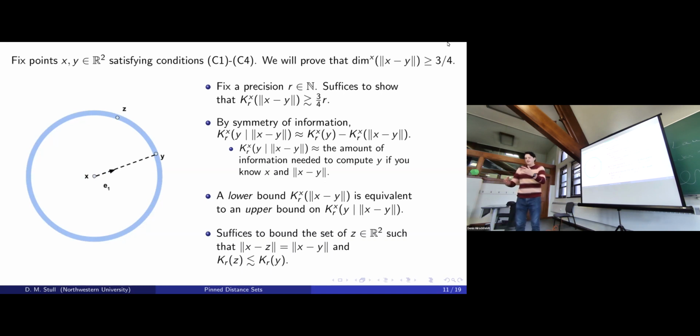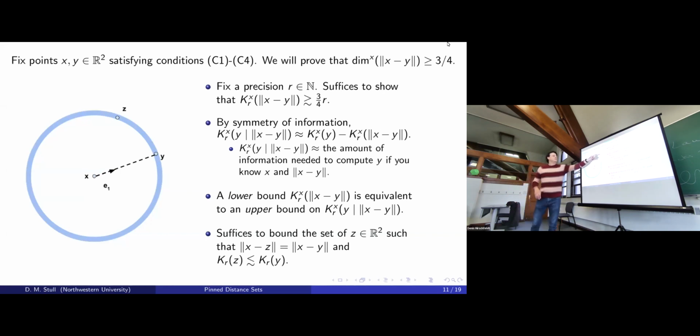Because of the way effective dimension is defined, the most natural thing to do is fix a precision and prove the corresponding lower bound at that precision, and then take a limit inferior. So we're going to fix a precision r, and we want to show that the complexity of the distance between x and y at precision r is at least roughly 3/4 times r.